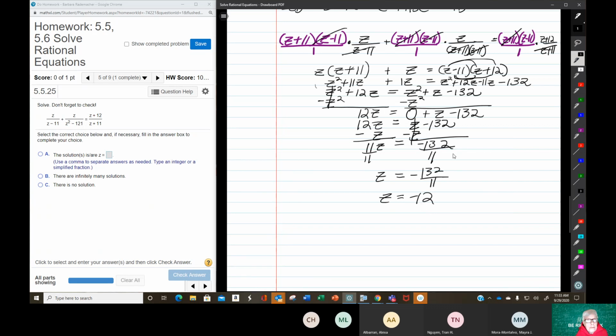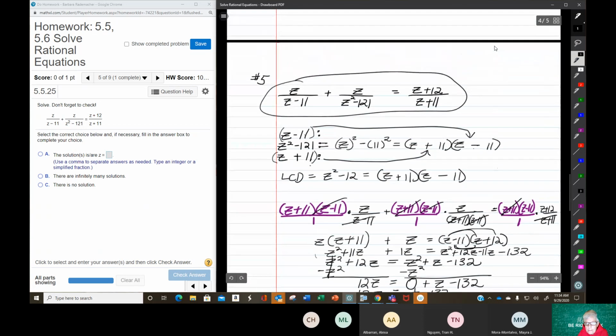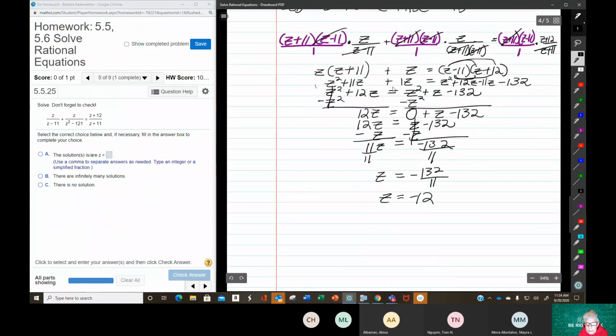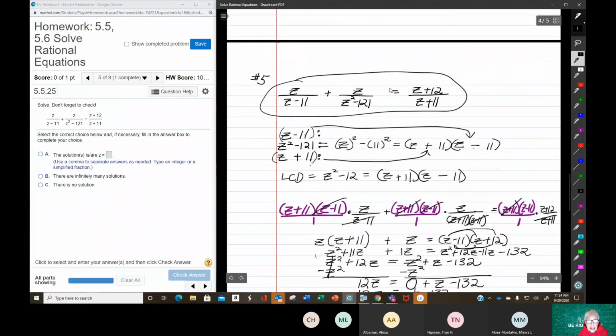Now, just real fast and mentally, I'm not going to really do it physically. I'm going to go back here to the very first line, and I'm going to mentally plug in negative 12. Because we're saying Z is negative 12. If I put a negative 12 here, I'll have negative 12 minus 11. That is not 0.